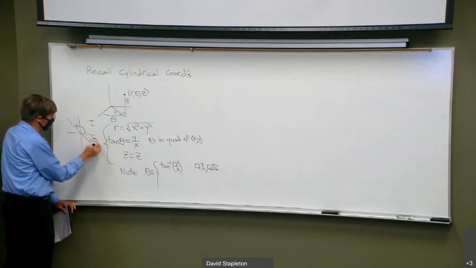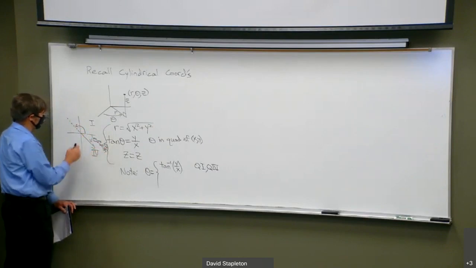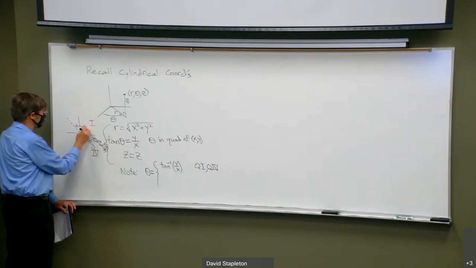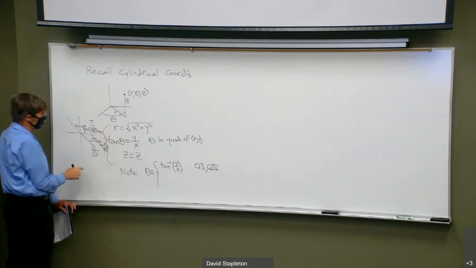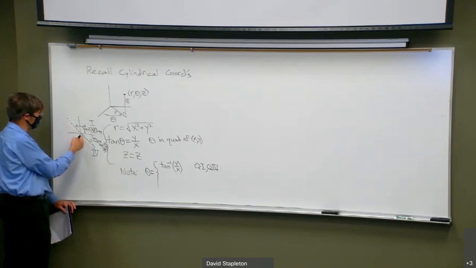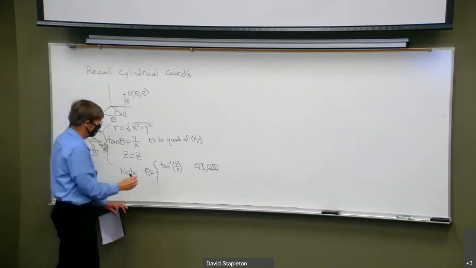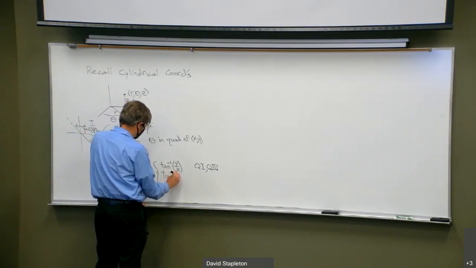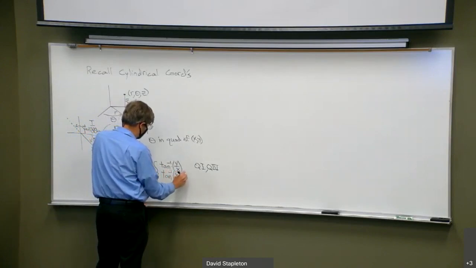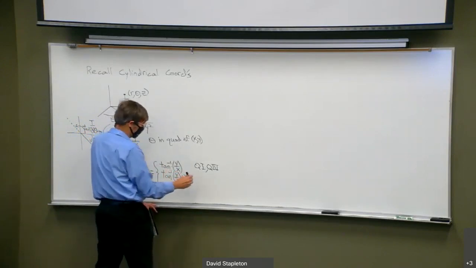So this would be theta equals arc tangent y over x. And this one over here is going to be arc tangent plus pi always. So if the point you're looking at is in quadrants 1 or 4, use the arc tangent, but if it's over here or here, quadrants 2 or 3, we'll use arc tangent plus pi. Or 180 degrees if you're in degrees.